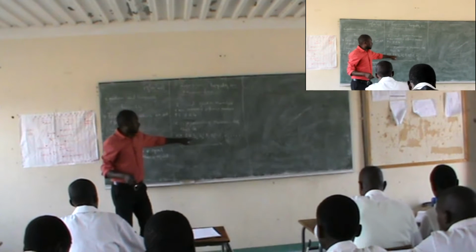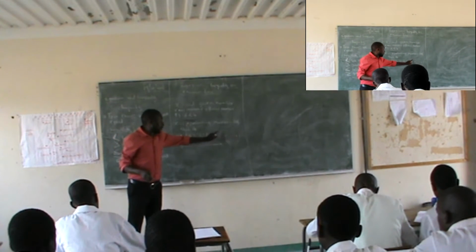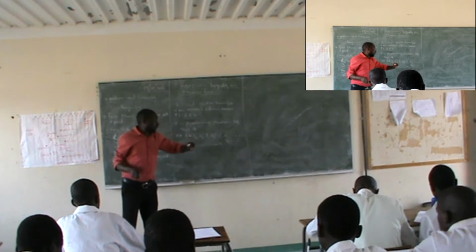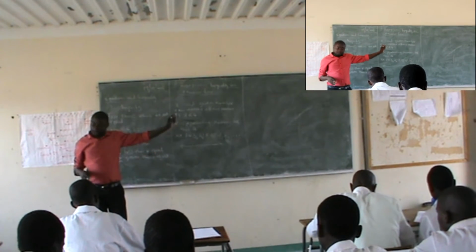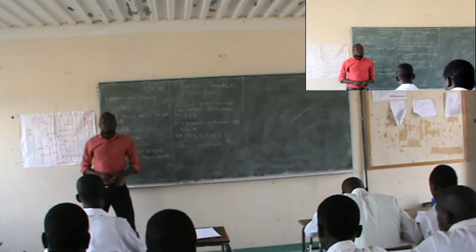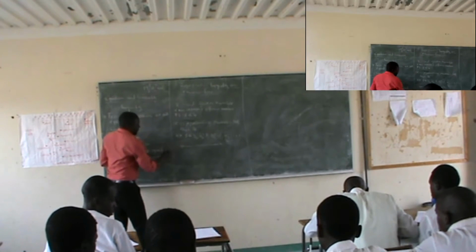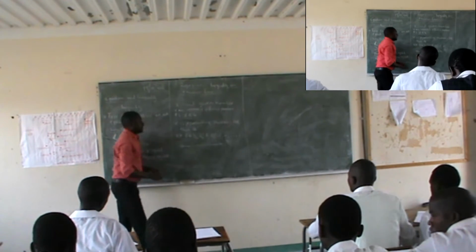When we list them, these numbers are 3, 2, 1, 0, -1, -2, and so on. Now you draw your line. This line goes this side and it also goes that side.